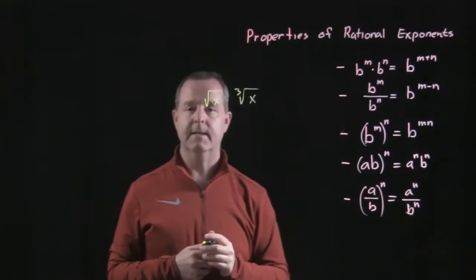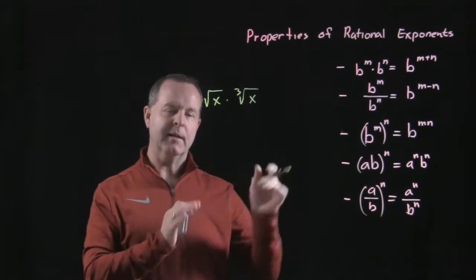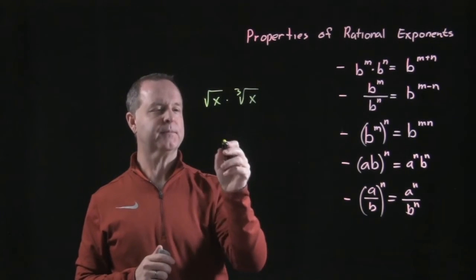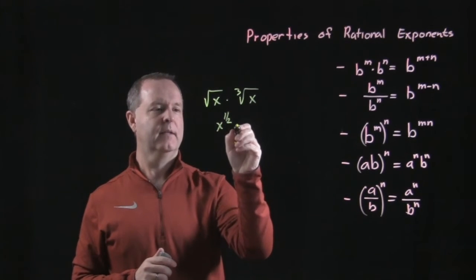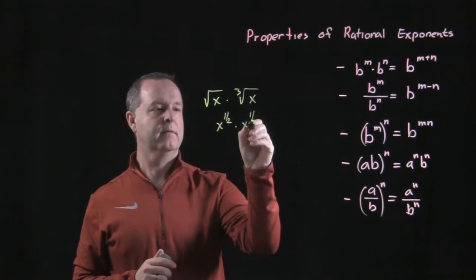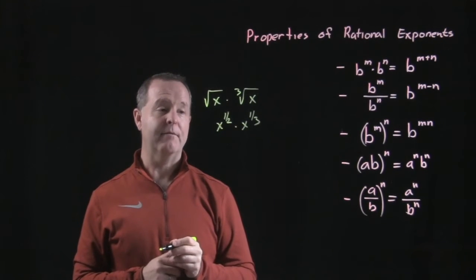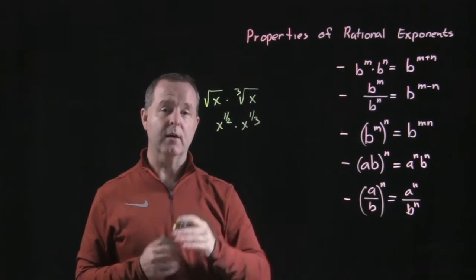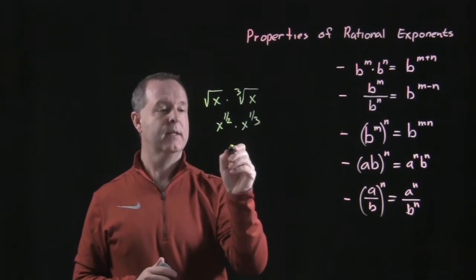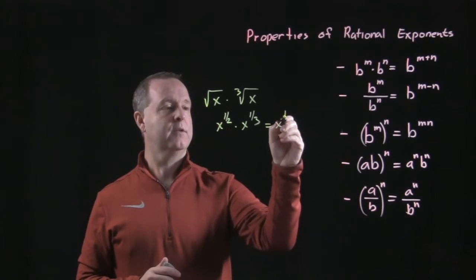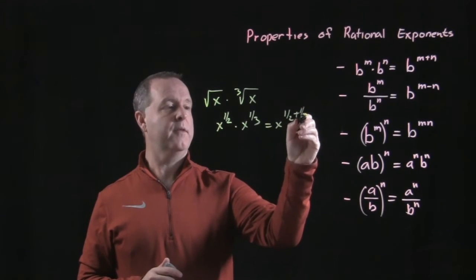What can we say about this? Again, in root world, let's rotate it to exponential world. Square root of x is x to the 1/2 times x to the 1/3. I have like bases, so we can go ahead and add the exponents. So this becomes x to the 1/2 plus 1/3.